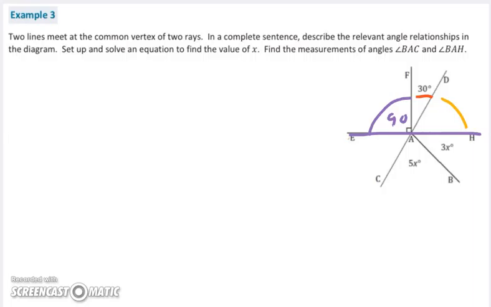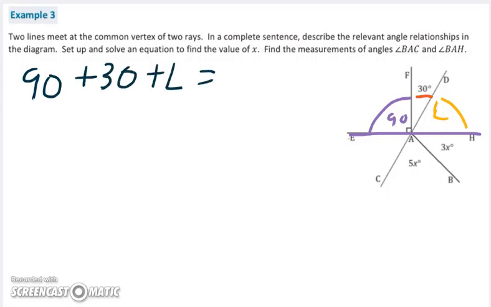So let's call this guy L. Okay, well, if we want to find out what L was, we would do 90 plus 30 plus L equals, well, there's that semicircle we talked about before on the straight line, supplementary, should be 180.